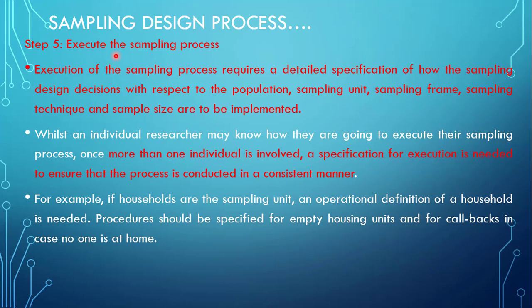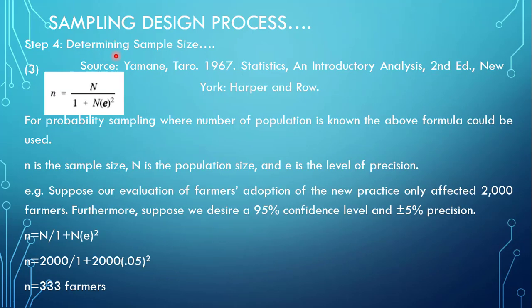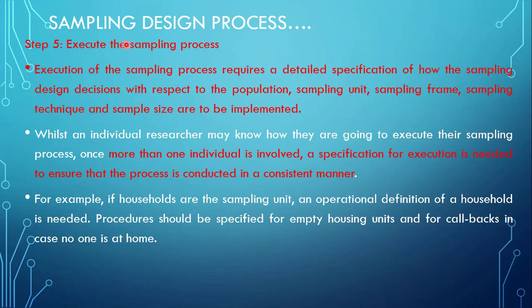And if you have said you are going to include 333 farmers in your study, then you are going to include 333 farmers in your study. So it is implementing the sampling unit, the sampling frame, the sampling technique, the sample size, and so on. So it is the implementation step. But in the implementation step, you should follow exactly what you have planned. You don't have to deviate from your plans.